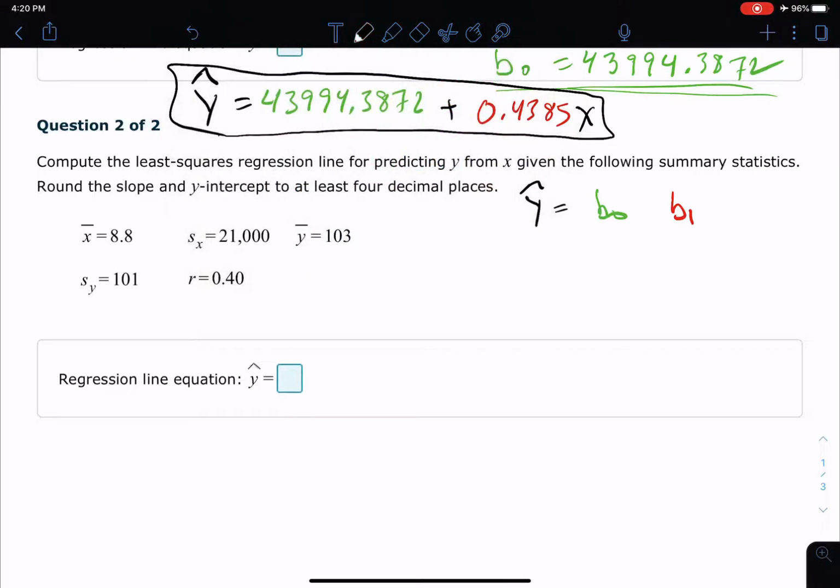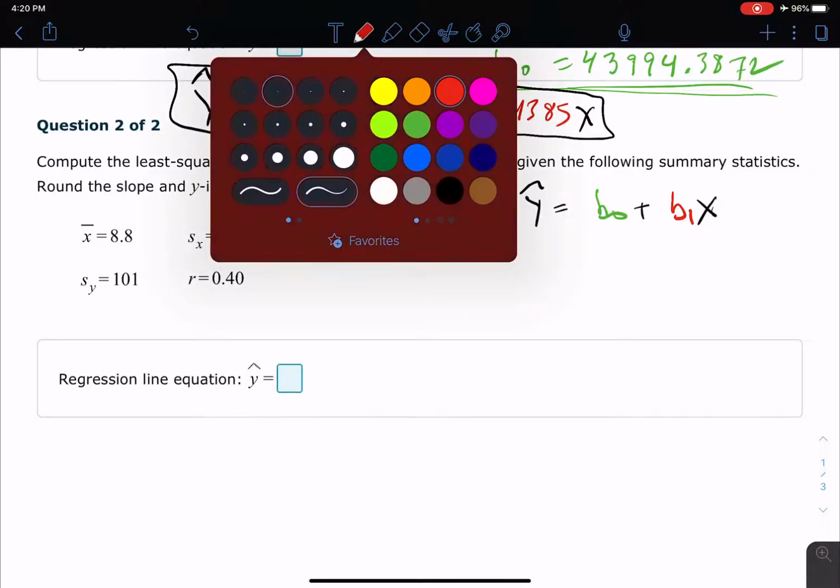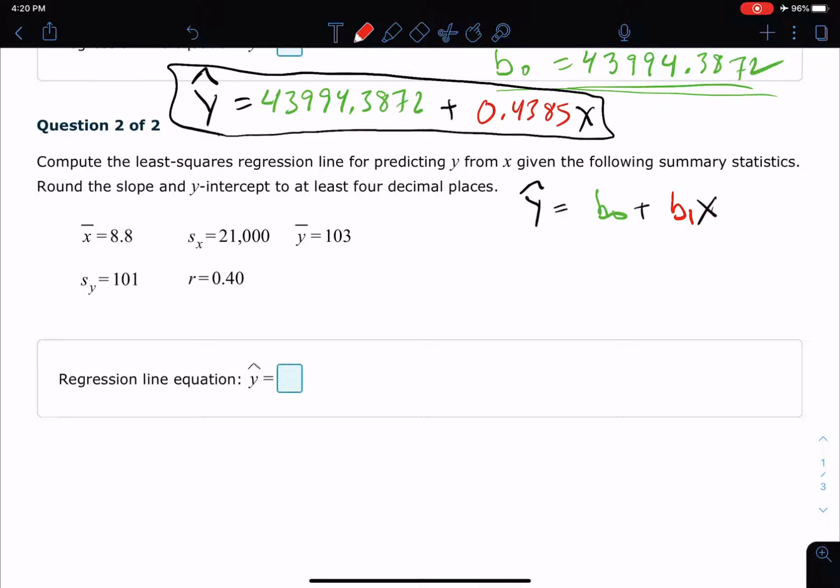And we add those two together, and that b sub 1 gets multiplied by x. So the first thing we want to figure out is what b sub 1 is. So b sub 1 equals r times s sub y over s sub x.